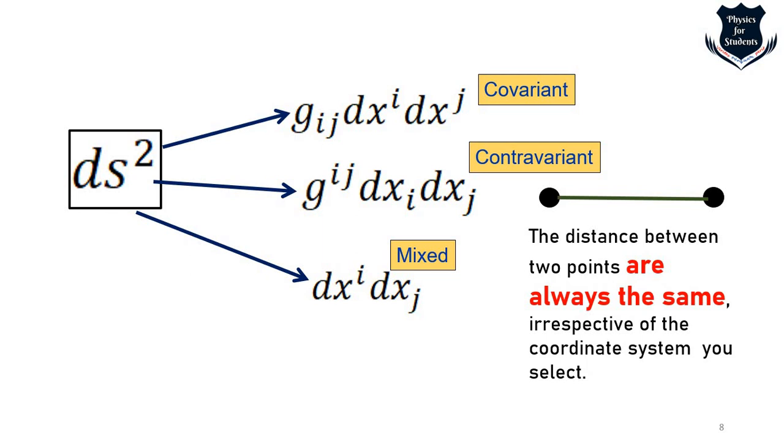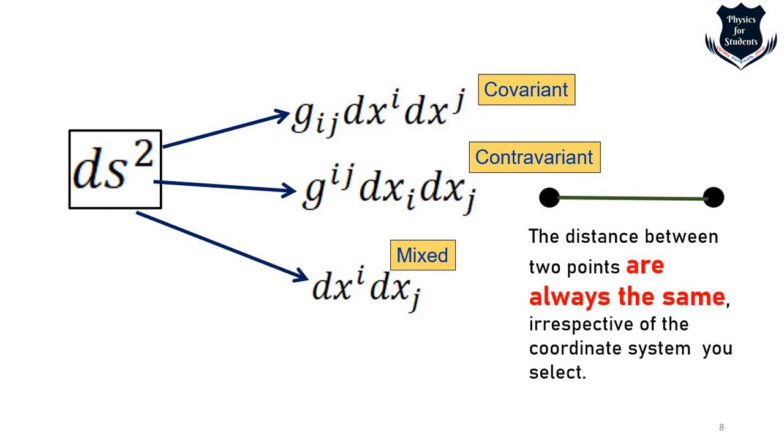Now the basic thing that you need to understand is that whatever way ds square is written, whether it is co, contra, or a mixed tensor, one thing is sure: the task of the metric tensor and its components g sub ij, g super ij, or mixed, is to turn the product of incremental coordinate changes, expressed in either contravariant or covariant form, into the invariant distance between those two points, maybe A and B. That is the beauty of the metric tensor, as it provides the geometry of the space.